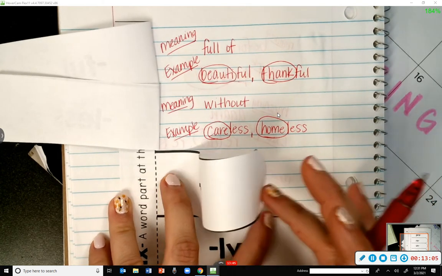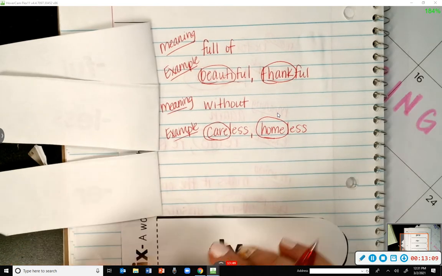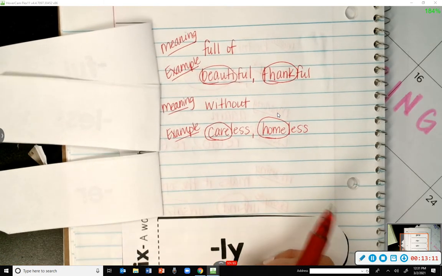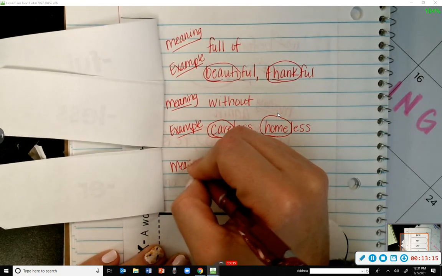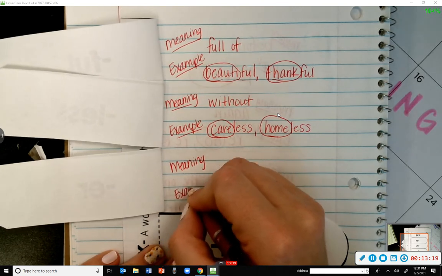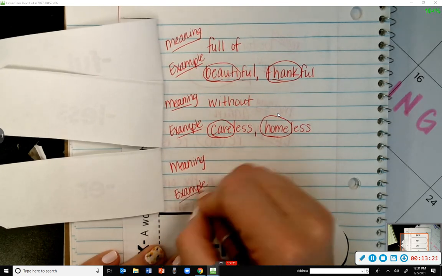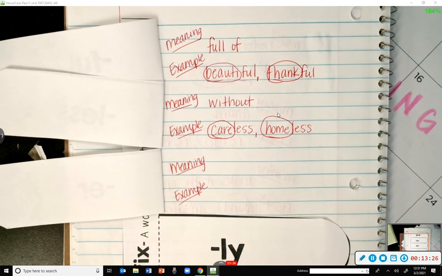ER. ER is a suffix that can be put on the end of a word, like better or smarter, quicker, bigger, larger.